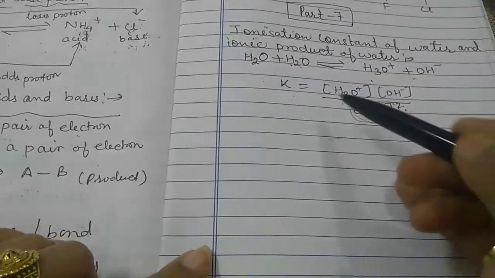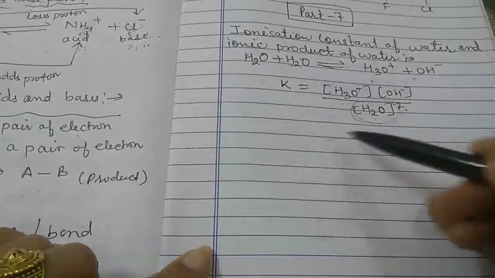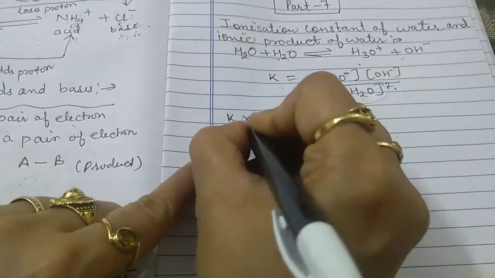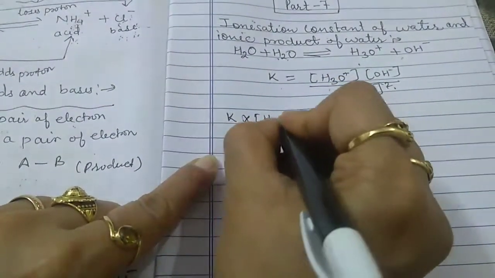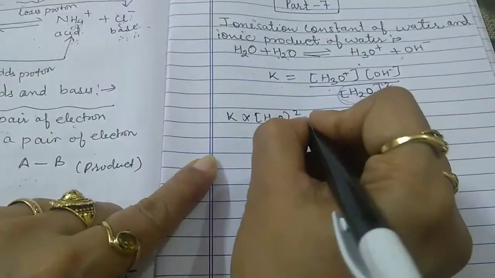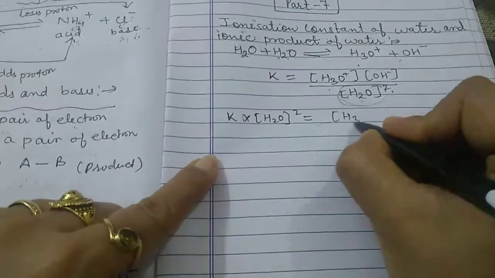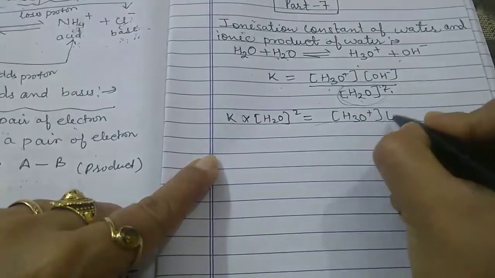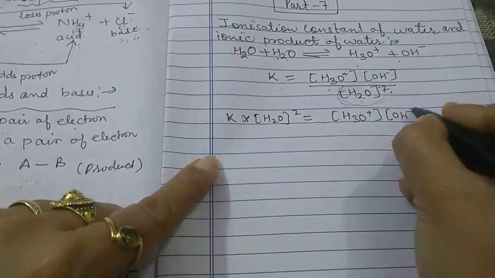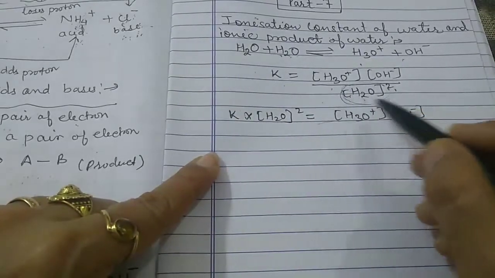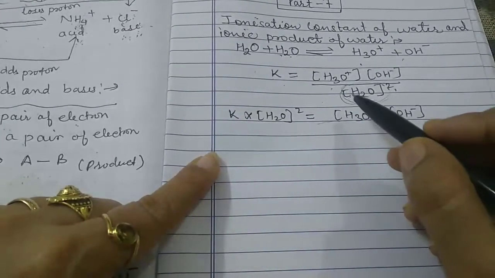Now let us shift this equation. So we have K multiplied by [H2O] squared equals [H3O+][OH-]. Now we have said that the concentration of water can be considered a constant.